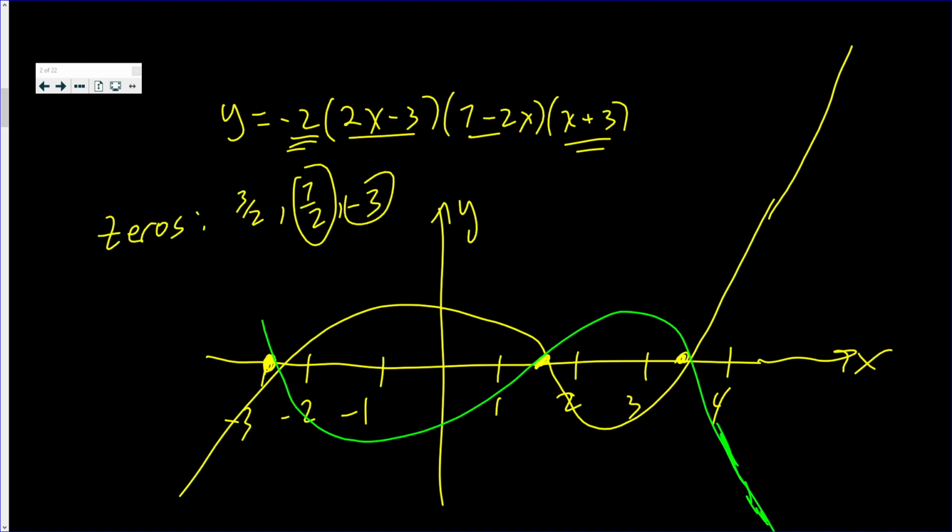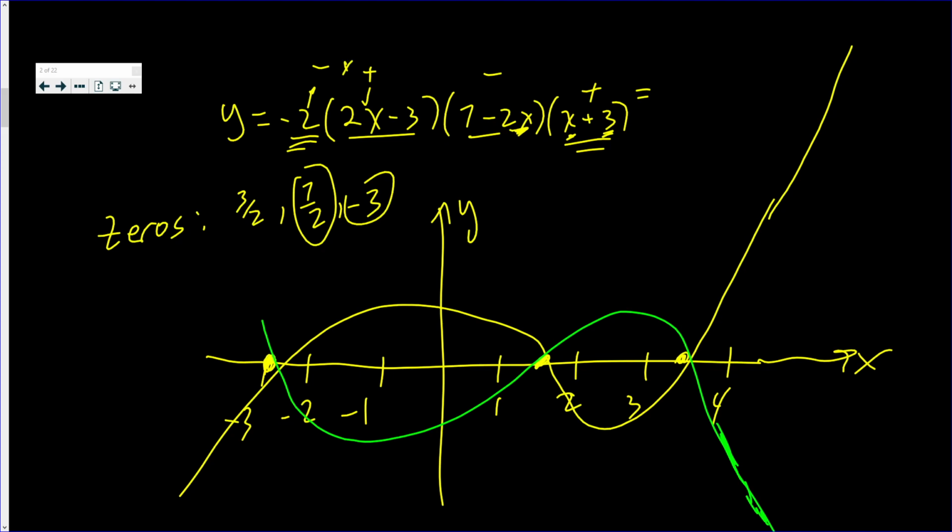So when x is large, the first factor is negative. It's always negative. 2 times a large number is really large. And when you take away 3, it's still large. That means positive. 2x is a really large number. 7 minus a really large number is negative. A large number plus 3 is positive.